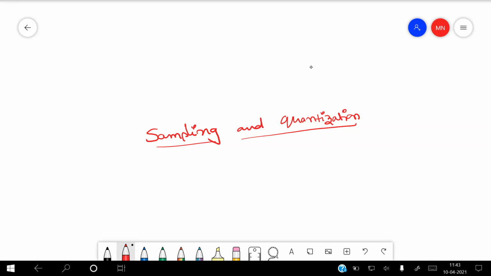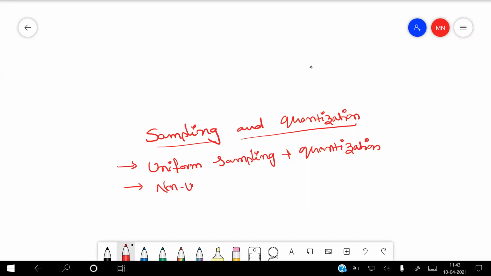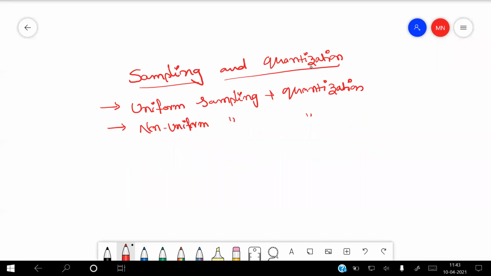In sampling and quantization, the first one is uniform sampling and quantization, and the second one is non-uniform sampling and quantization. These are the two techniques available in sampling and quantization.